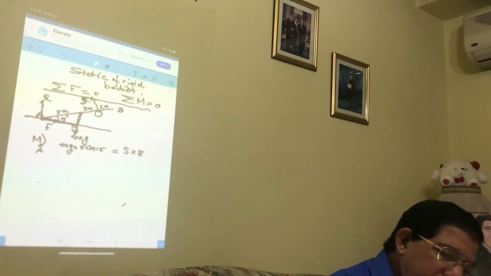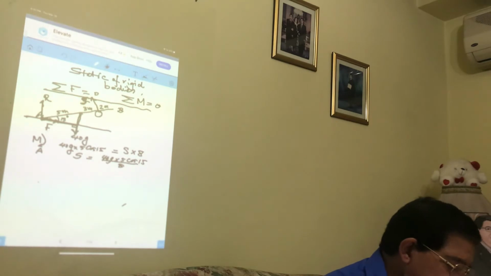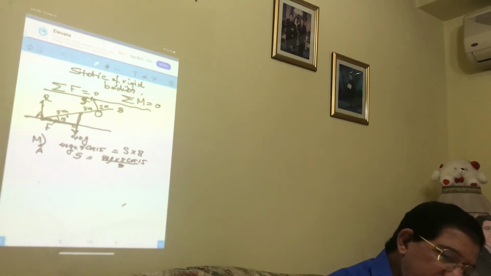From this equation, you get the value of S: 40g times 5 cosine 15 over 8. You will calculate that force and it will be 236.65.